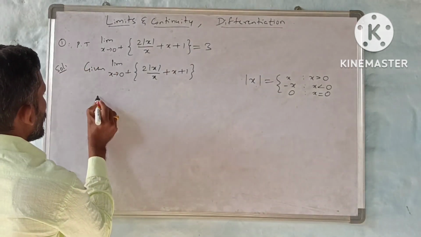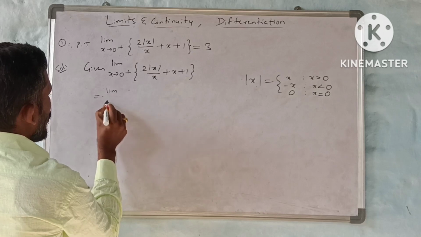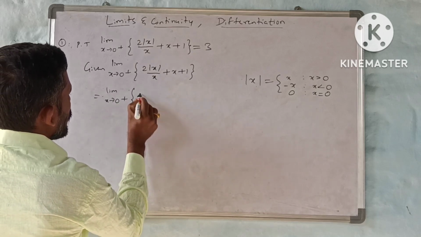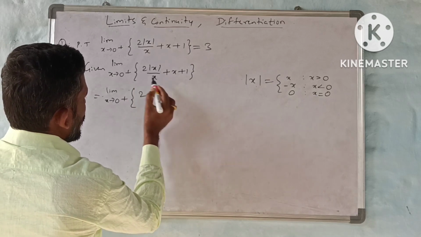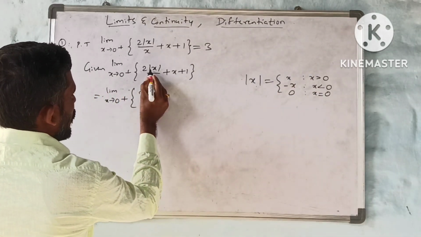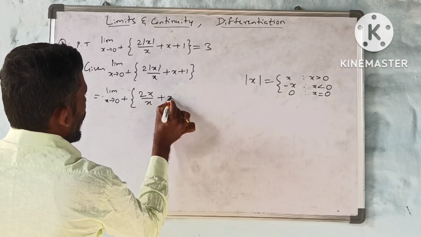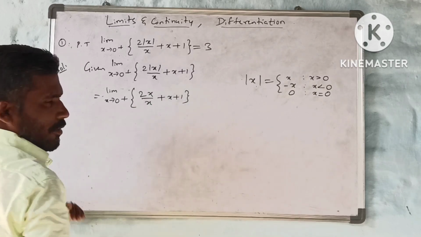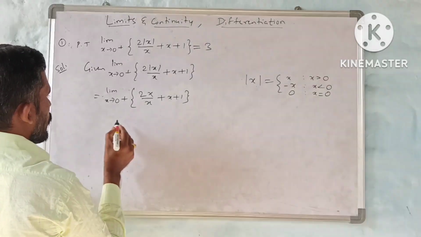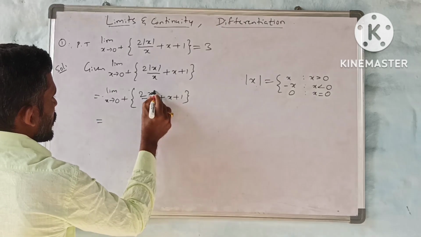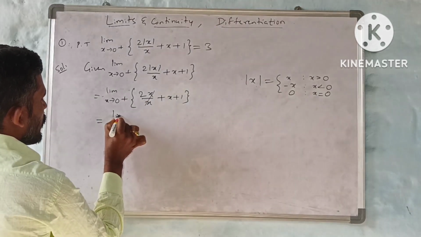So then I am taking this: limit x tends to 0 plus of 2 modulus of x by x plus x plus 1. Modulus of x is nothing but only x, since 0 plus means greater than 0. So when I apply the limit here, x cancels, so what will we get?